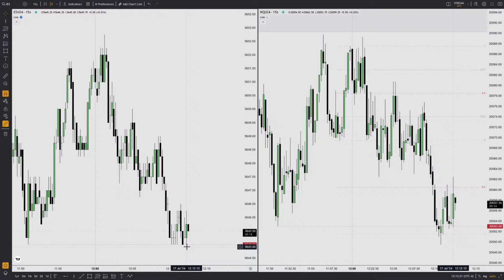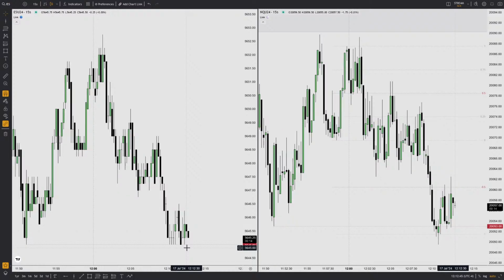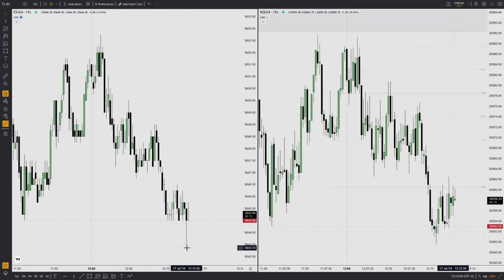The precision. Alright, finally we tag that low on ES.